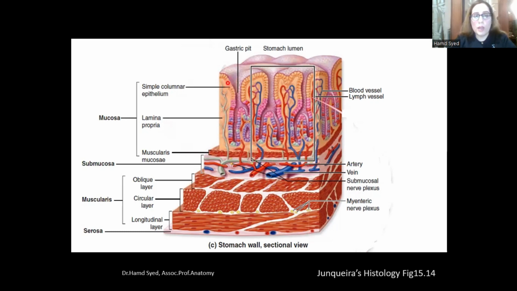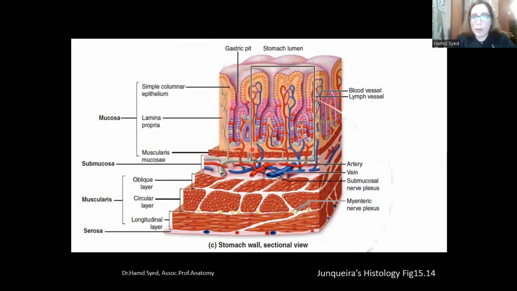Like I told you, the simple columnar epithelium consists of cells which are tall and columnar, and these cells invaginate into the underlying lamina propria, and this is how they produce the glands. So it's simply the invagination of the surface layer into the underlying lamina propria, which are known as the glands, and the point of invagination is known as the gastric pit.